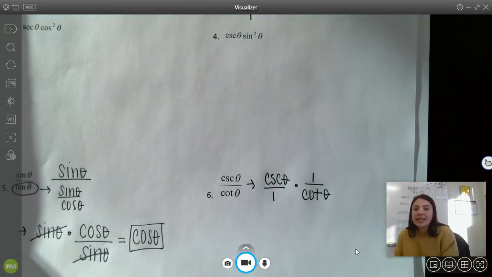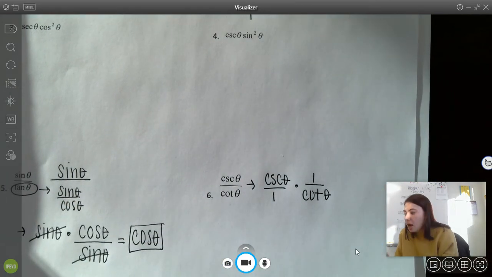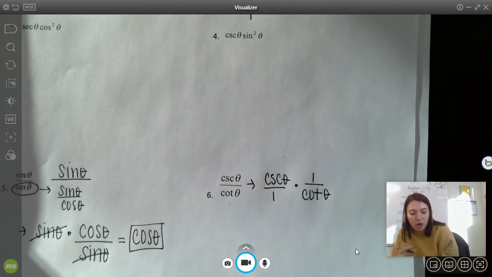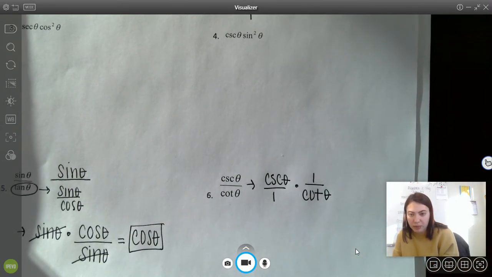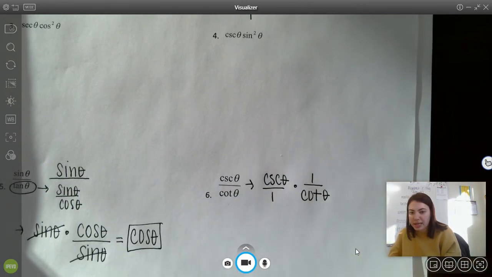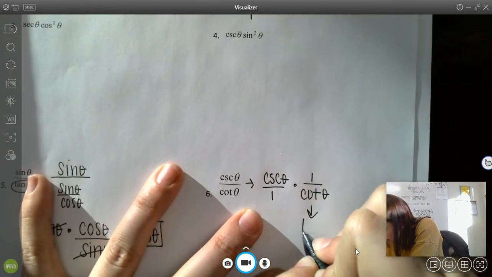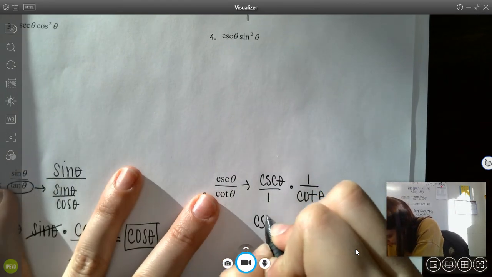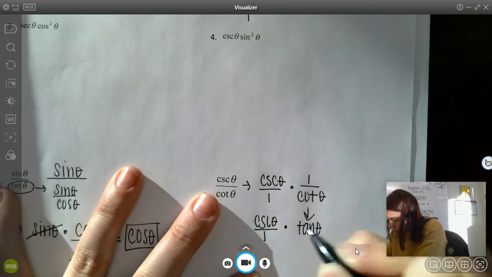Now, that doesn't really help us at all. Cosecant is 1 over sine, so we could potentially fool around with that. And 1 over cotangent is just tangent, which is one of those 3 originals. So let's change that to tangent first: tan of theta times the cosecant over 1.